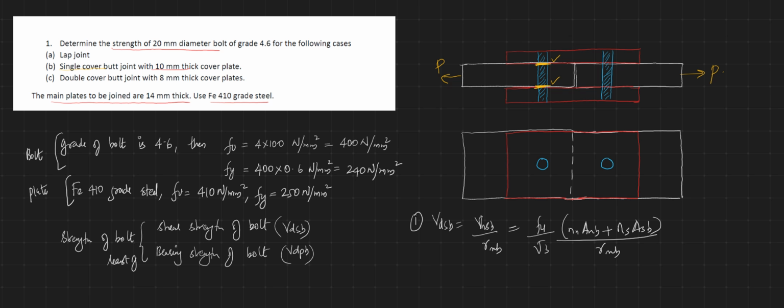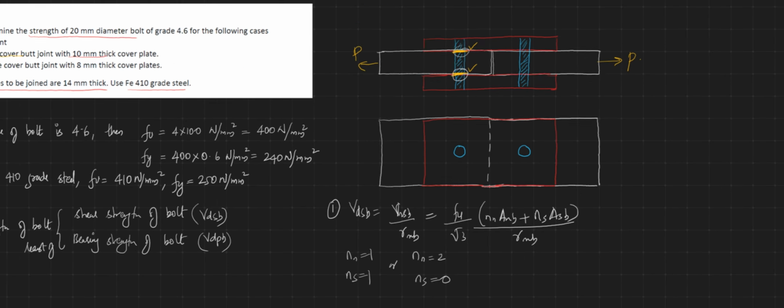That is, there are two options: NN is equal to 1 and NS is equal to 1, that is, one area will be threaded and the other area will be shank, or NN is equal to 2 and NS is equal to 0. But never ever will NS be 2, because the threaded area is the weaker portion, so it will definitely get cut at the threaded area. So this clearly defines where NN is equal to 1 and NS is equal to 1, or NN is equal to 2 and NS is equal to 0.